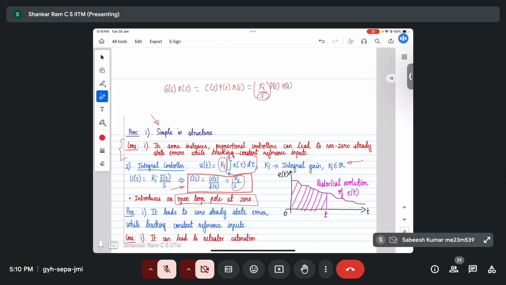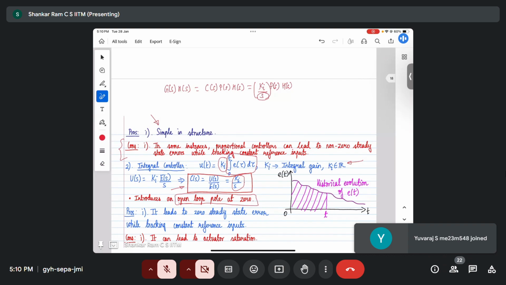Okay. So as we all know, in any design process, nothing comes free, right? There is always a trade-off between various attributes. So we shall observe that even using integral control has some impact from having an open loop pole at the origin.